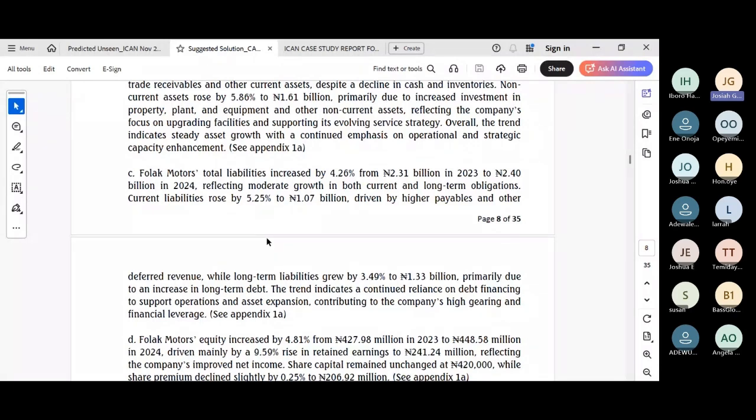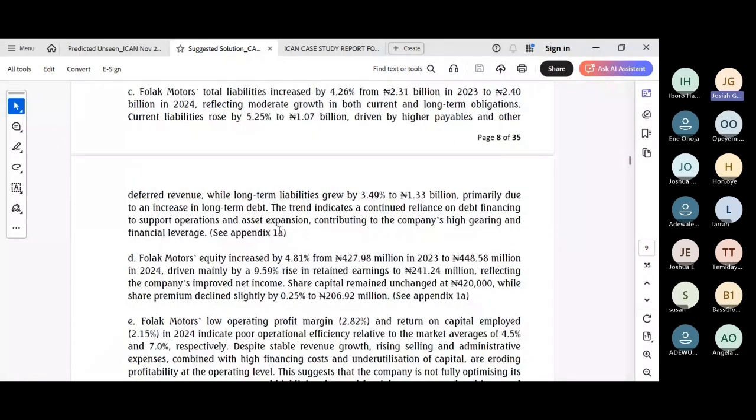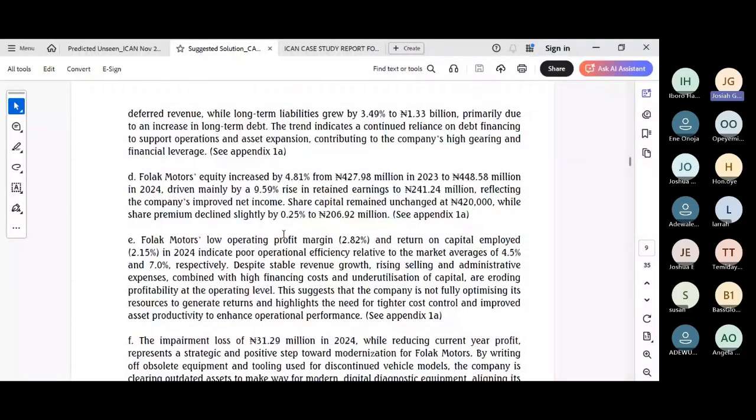And we concluded by saying the trend indicates a continued reliance on debt financing to support operations and asset expansion, contributing to the company's high gearing and financial leverage. See appendix 1A. We also said the equity increased also from the financials, while share premium declined by this percentage. So we earn 1 mark.